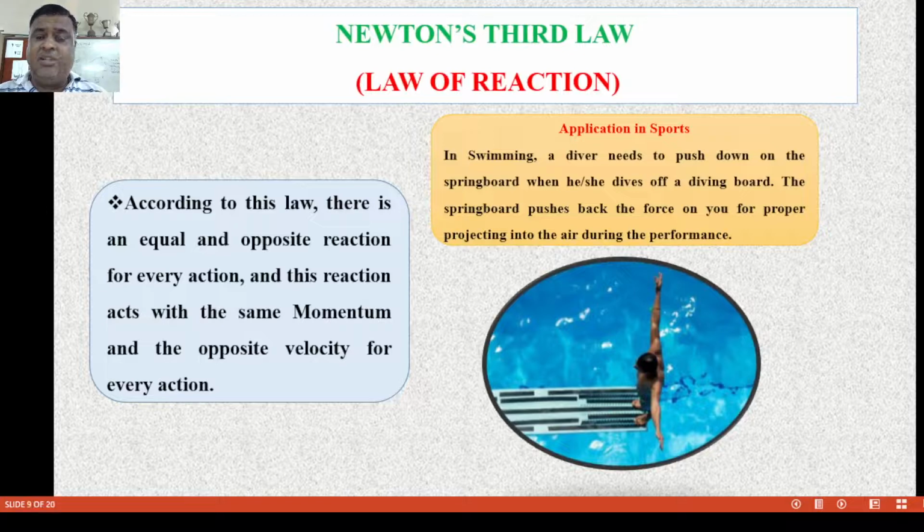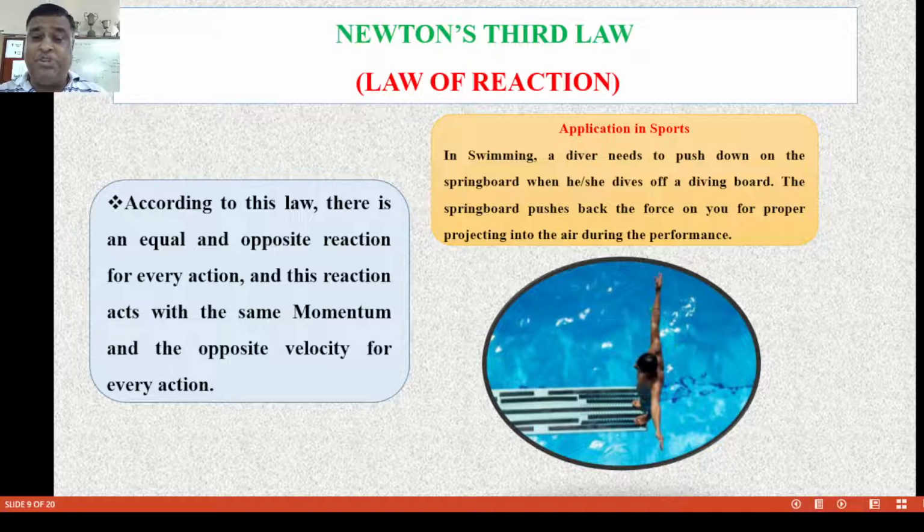Now the third law of motion is the law of reaction. It says every action has an equal and opposite reaction. For every action there is a reaction of the same magnitude and opposite direction. The application in sports is in diving: a diver needs to push the springboard when he or she dives off the diving board.